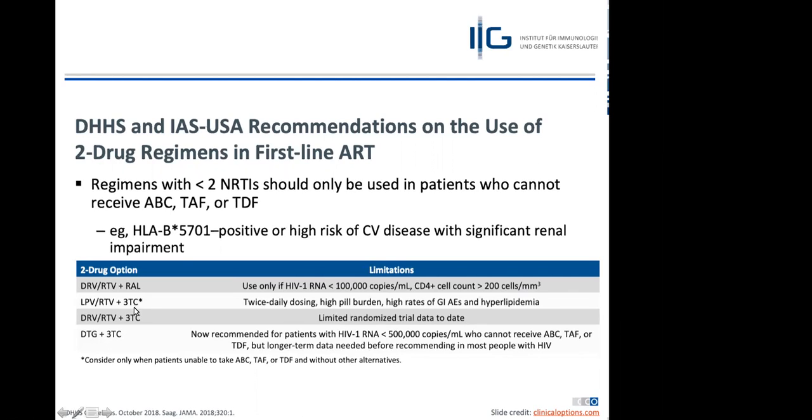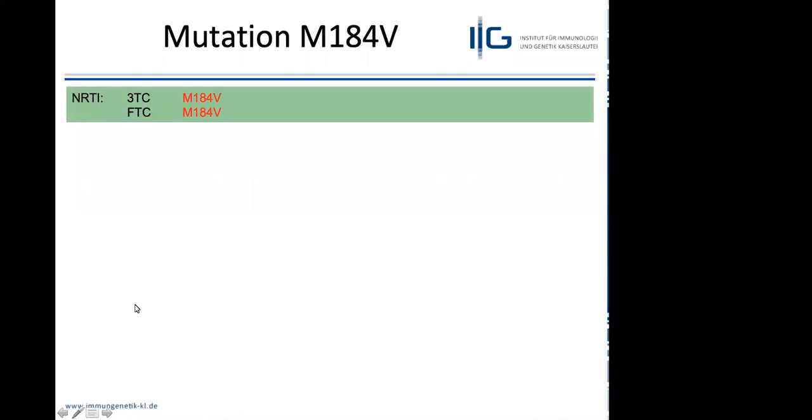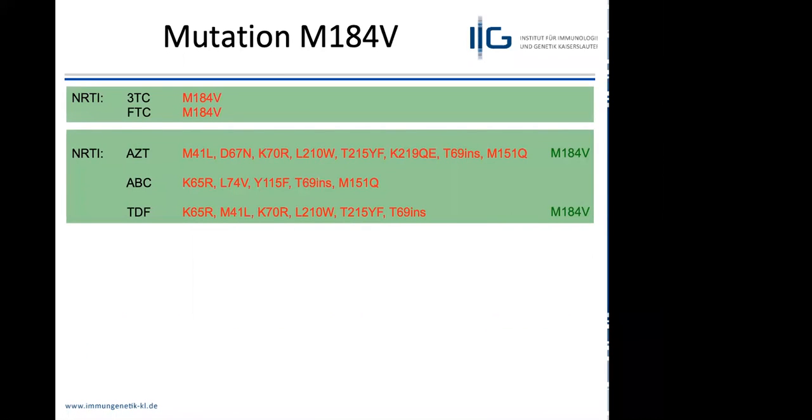Looking at this, it's quite surprising, because the partner that was best working with one of these really potent modern drugs was 3TC. And 3TC was one of the drugs with a black and white drug resistance profile. But this mutation can also resensitize.